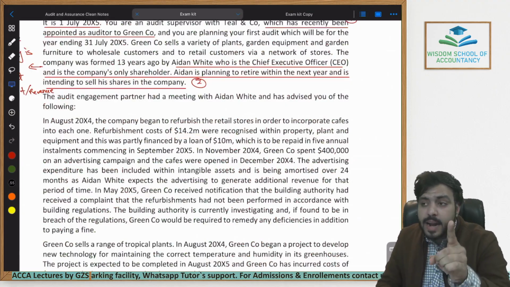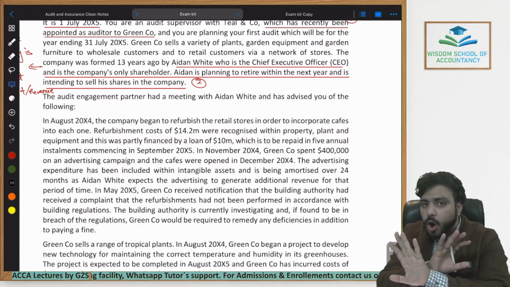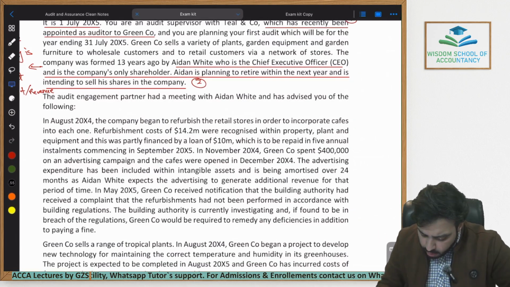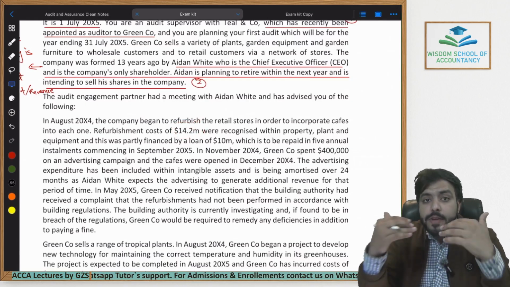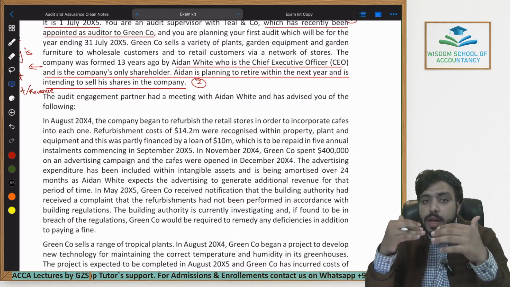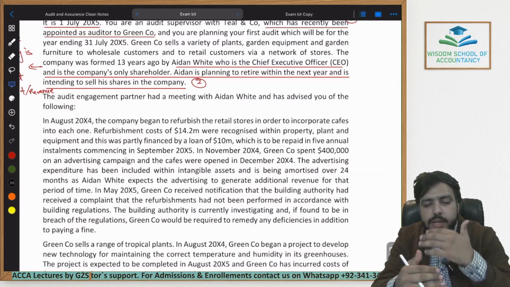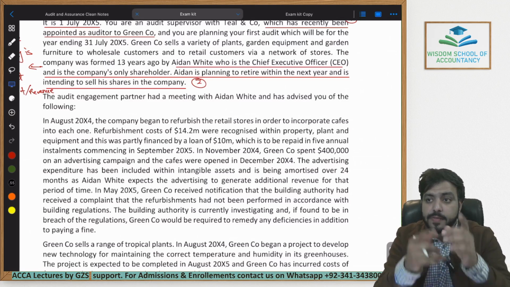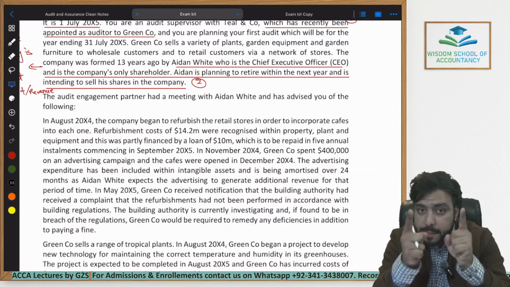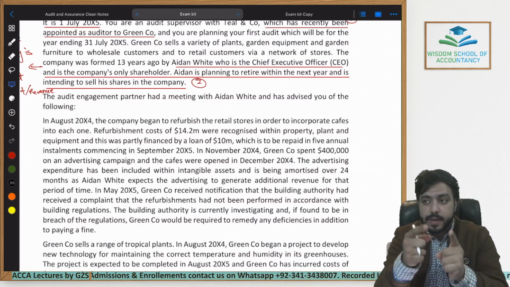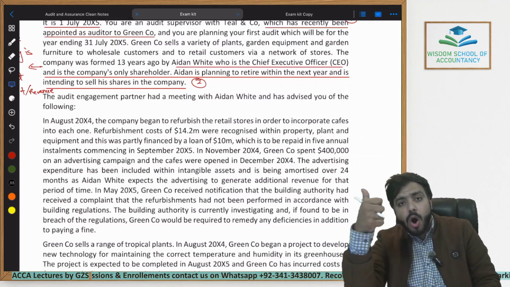The risk is that some of the cost, I'm not saying all of the cost, some of the cost within $14.2 million might have been revenue in nature, might not have created an extra life for the asset or enhanced the asset itself. That cost should have been expensed out. It should not have been capitalized within property, plant and equipment, whereas the management has capitalized all of the cost.